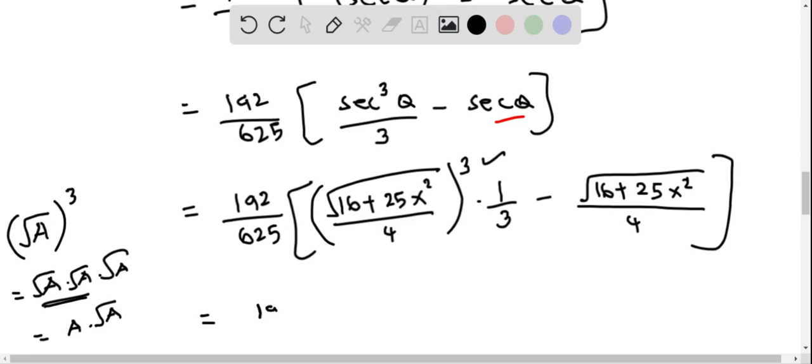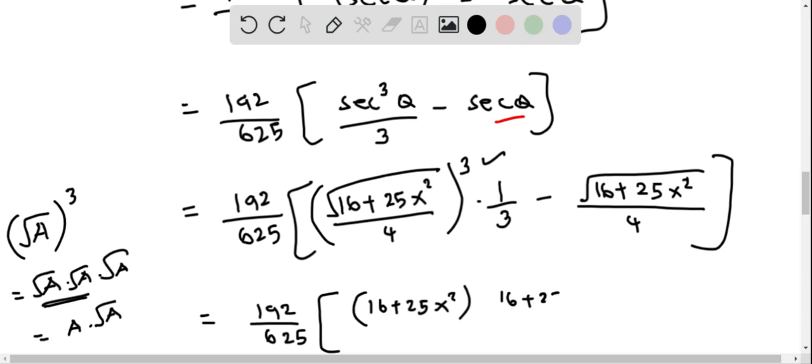Therefore we can rewrite the expression as 192 over 625. This is replaced as a times root a. I'm replacing a by 16 plus 25x squared times root a, which is the square root of 16 plus 25x squared, and then divided by this 4 cubed, which is 64, times 3, and 64 times 3 is equivalent to 192.